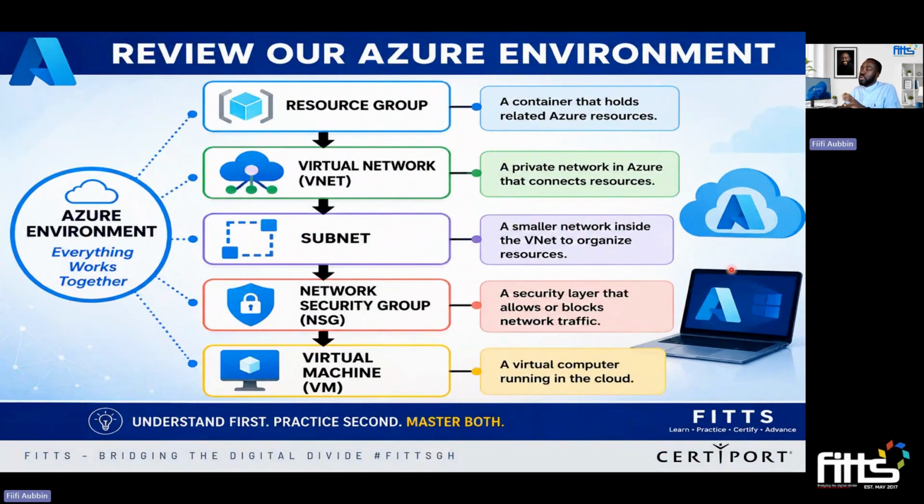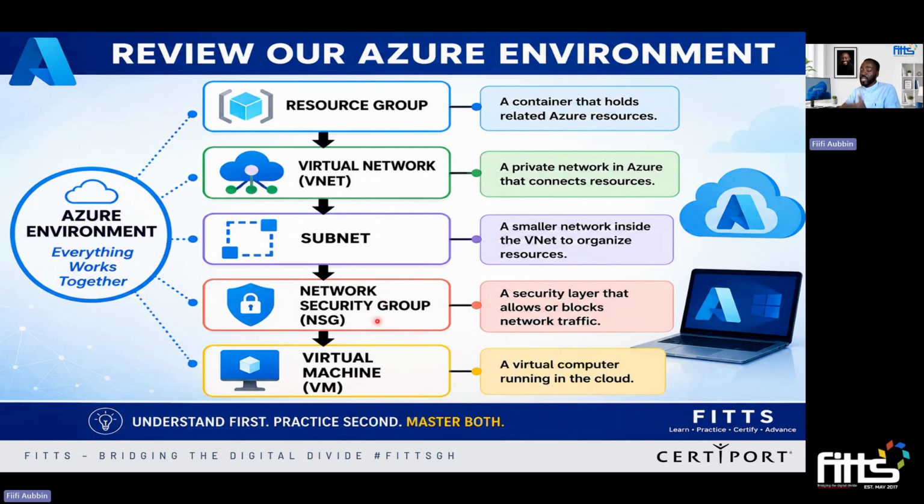And we're just going to review our Azure environment. If you've been with me throughout this journey, we looked at resource group, and that is the container that holds related Azure resources. And I believe you can create one for yourself. Then we went on to look at virtual networks, which is the private network in Azure that connects resources. Then we divided our virtual network into subnets, which is a smaller network inside the VNet to organize resources.